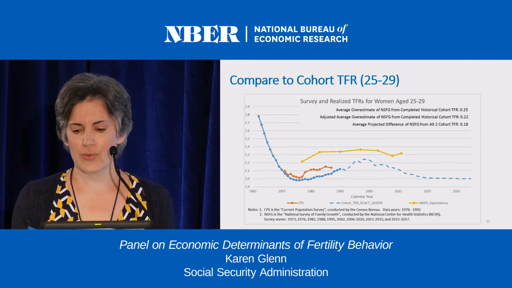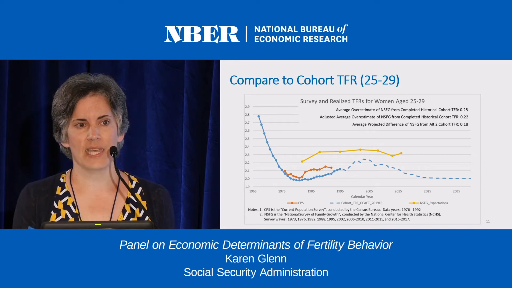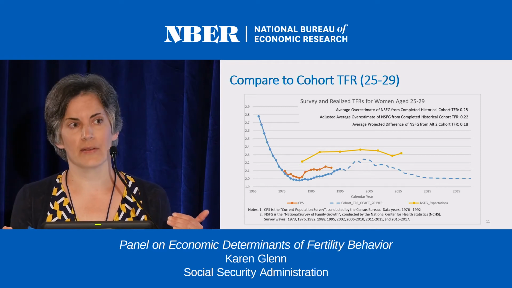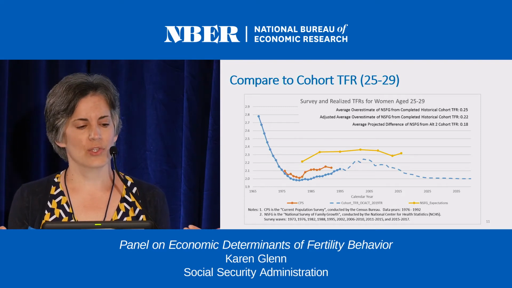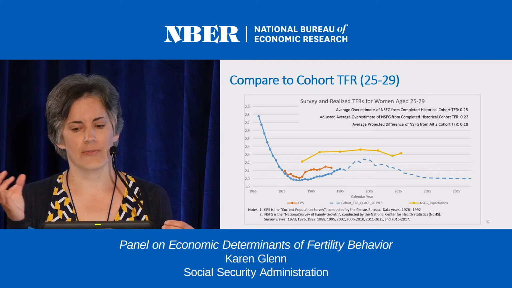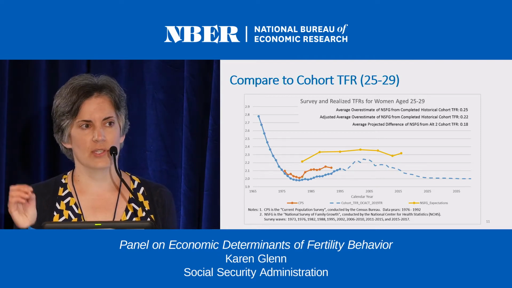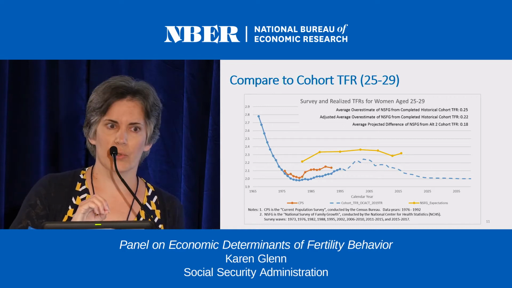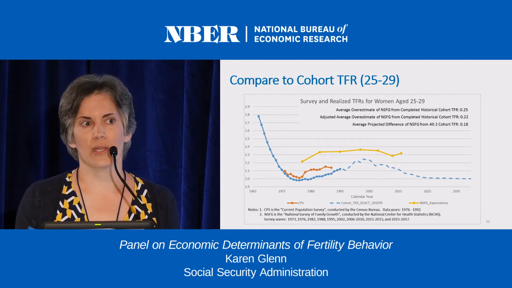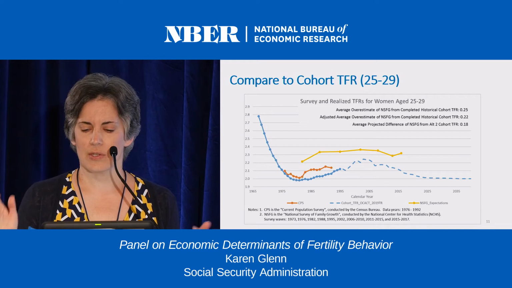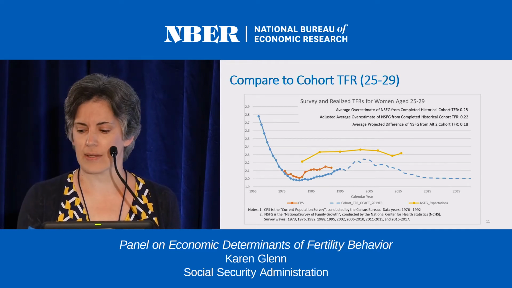The 0.22 incorporates some data for those women who are in the middle of their childbearing years, so brings in the actual data for them. And then the 0.18 is just versus whatever actual data there is and also including our projections. So you can see that each one of those is around the 0.2 to 0.3 area.